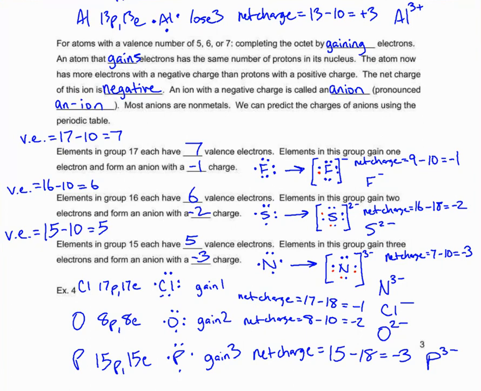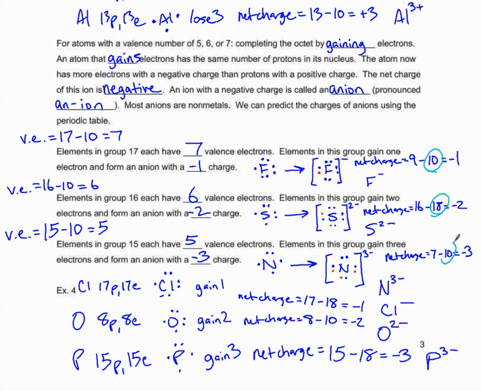Something to look at while we're on the same page. Remember, they're going for a noble gas configuration. So we have helium with 2 electrons, neon with 10, argon with 18, and on down the list. If you take a look at these, so don't write this down in your notes, but here you had a fluoride ion, it ended up with 10 electrons. Here you have a sulfur, it ended up with 18. 10 is neon, 18 is argon.